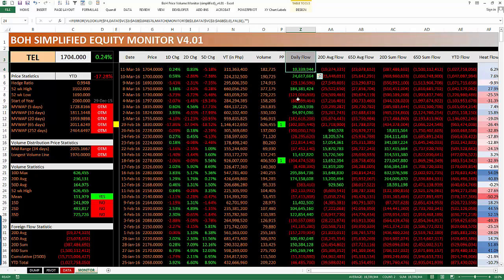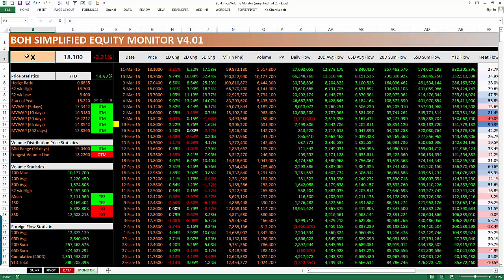Anong ginagawa at the margin ng mga foreigners? Nagbebenta ba sila? Bumibili ba sila? Bumibili sila over the past 20 days, pero anong ginawa nila over the past 65 days? Kino-cover ba nila yung shorts? Dito mo makikita yun sa pagtingin mo sa average volume at saka sa sum volume flows mo.